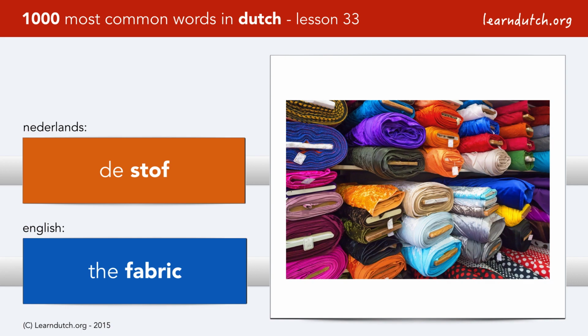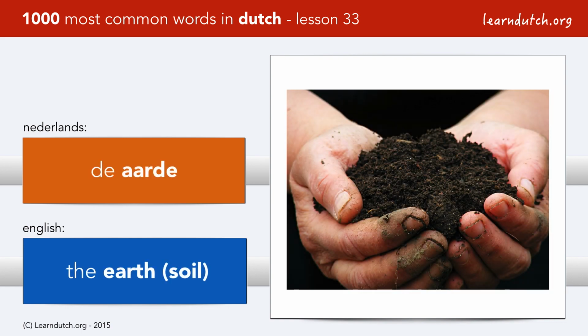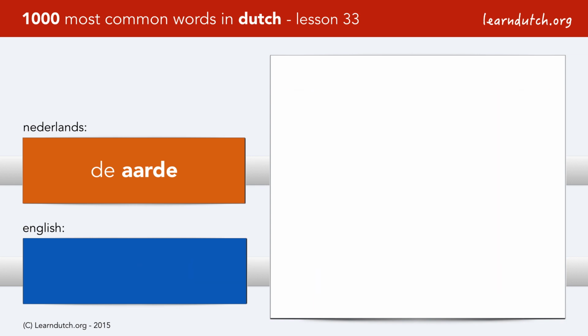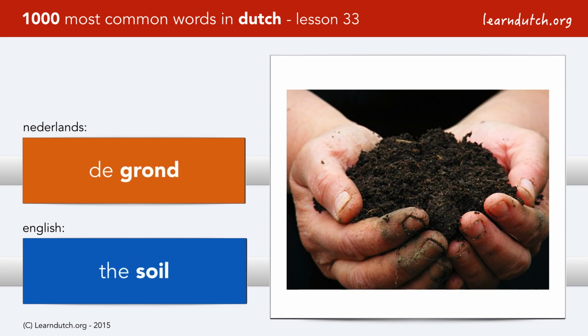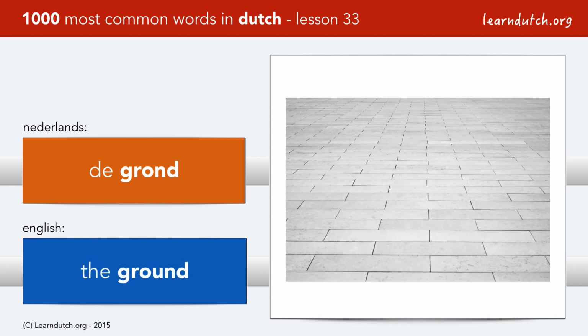De stof. De aarde. Like in English, it can be soil or the world. Another word for world is de wereld. And another word for soil is de grond. That can also mean the ground.